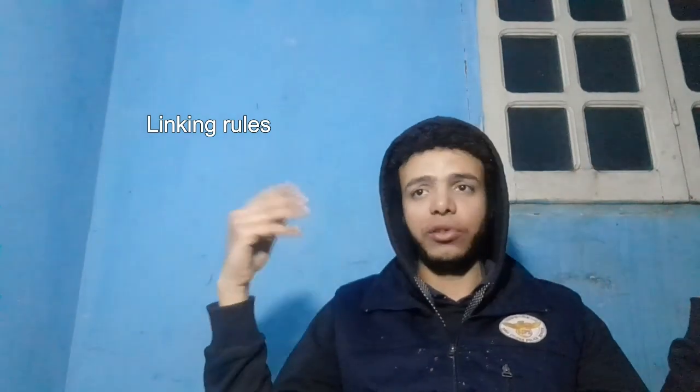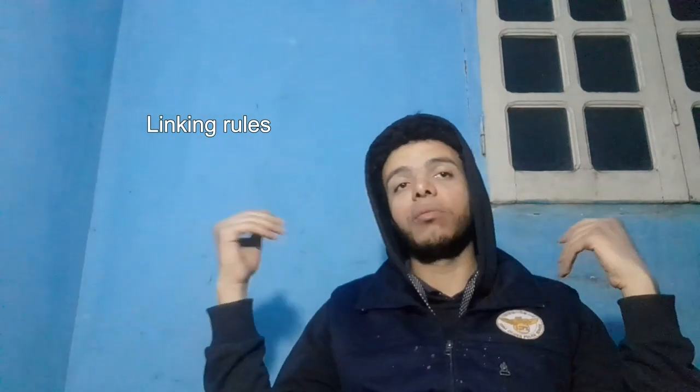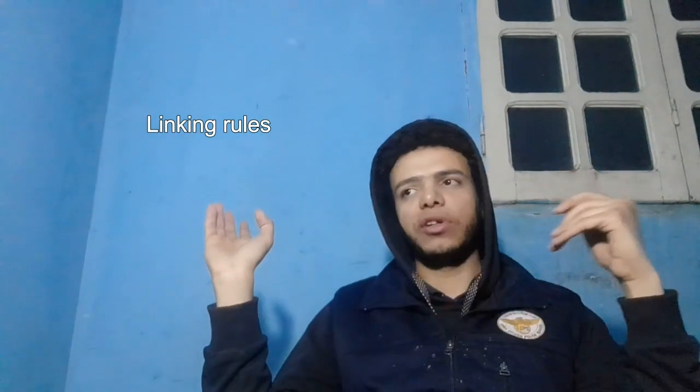Like if a letter is in the middle of a word, it can be linked to the letter before it and the letter after it. No problem. Some letters can only be linked to the letters before them, some can only be linked to the letters after them. So as I speak about letters, if it's a group of letters that look similar and have similar rules, I'm going to mention that and it applies to the whole group. If it's a unique letter that doesn't have any siblings, I'm going to explain its linking rules as well.